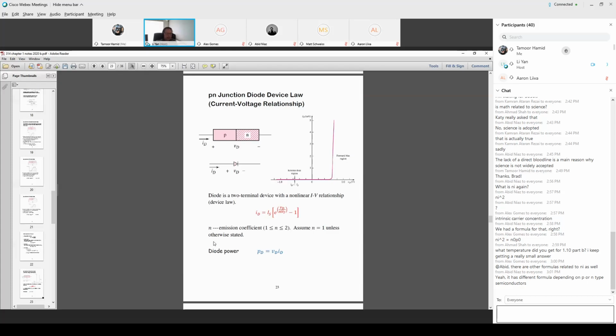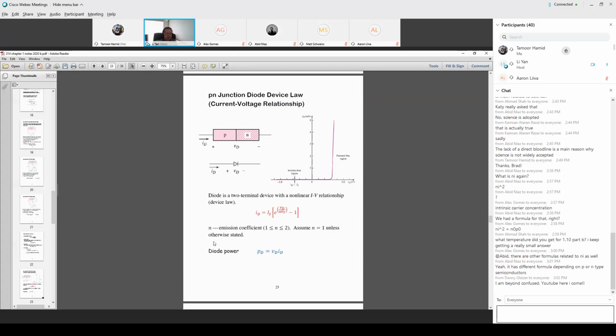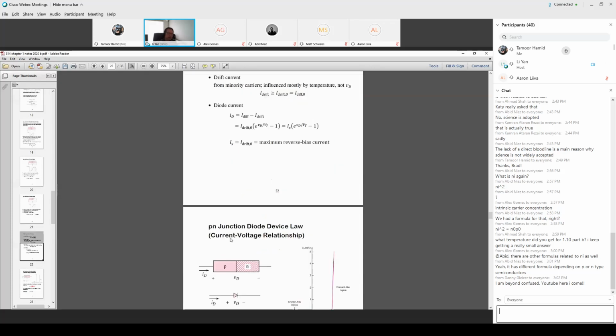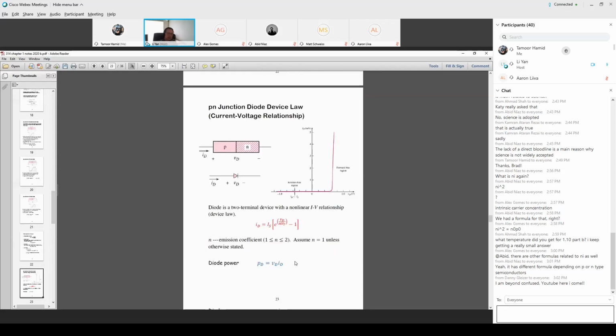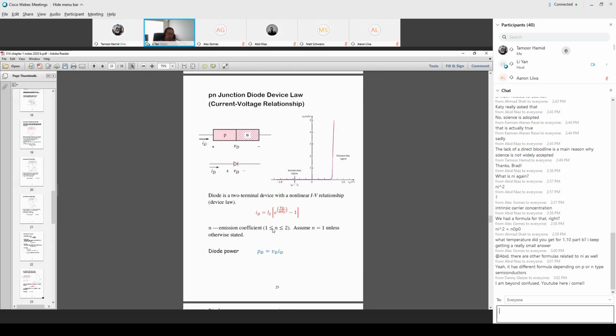Next week's lab is about the diode's voltage current relationship, and you are asked to fit your experimental result with the theoretical formula. To begin with, you can use this formula, but if you find a slight deviation, you can adjust the value of n to make the fit.